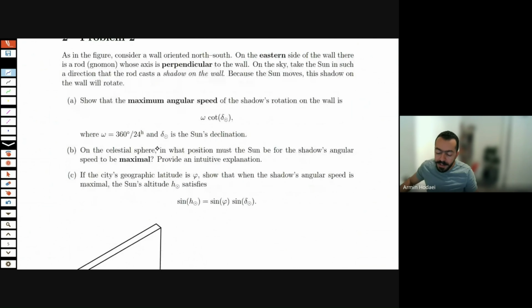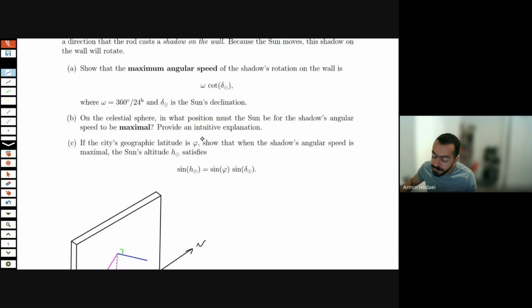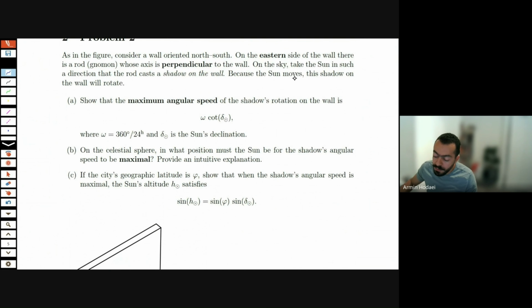That's it. So as in the figure, consider a wall oriented north-south. On the eastern side of the wall, there is a rod or gnomon whose axis is perpendicular to the wall, which means it looks towards east. On the sky, take the sun in such a direction that the rod casts a shadow on the wall, like this one. Because the sun moves, this shadow on the wall will rotate.